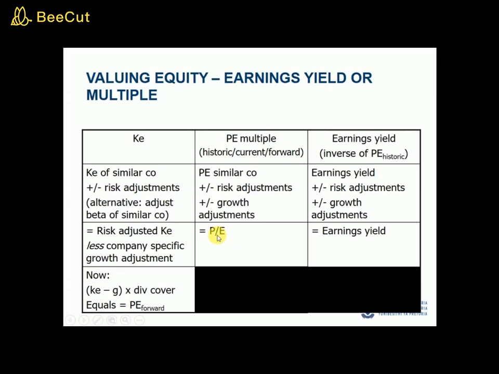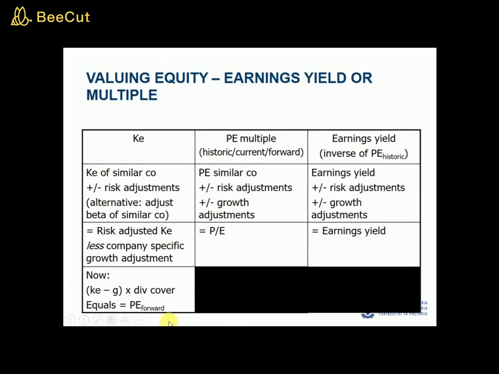I then multiply that by my maintainable earnings to get the value of my equity. When I'm looking at my earnings yield, which is simply the inverse of my historic PE, as we did last year in FBS 300, I'll again add or minus my risk adjustments and growth adjustments to get me to my earnings yield. Maintainable earnings divided by my earnings yield gets me to my final value.